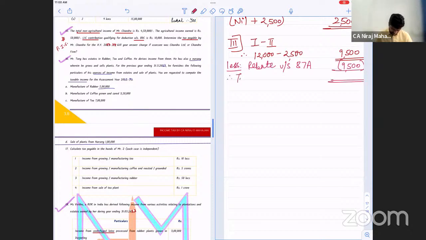Therefore, total tax liability in this case comes to nil. I'm writing the point there.